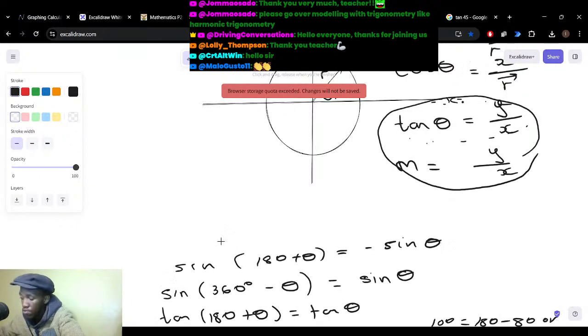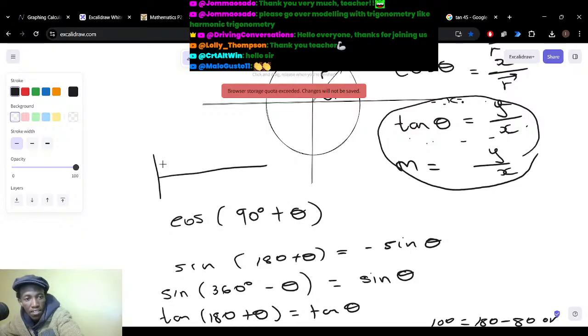When we reduce cos of 90 degrees plus theta, let me quickly verify it. So this is 90, so this simplifies to minus sine theta as well.